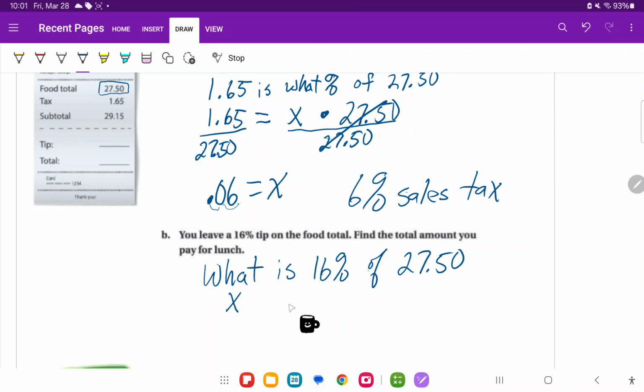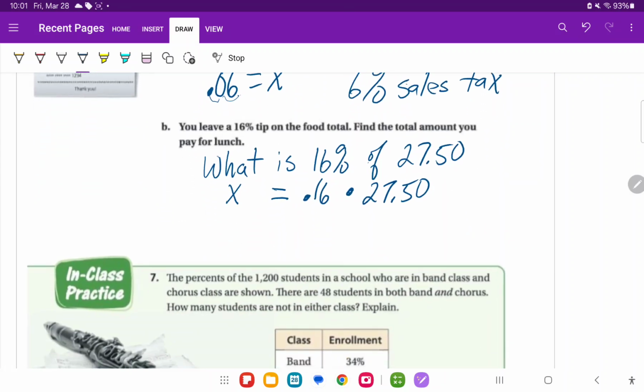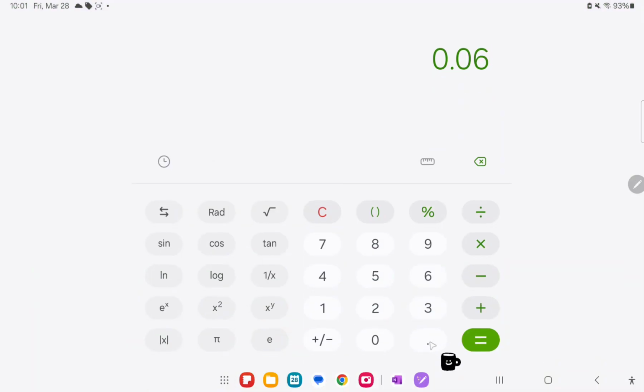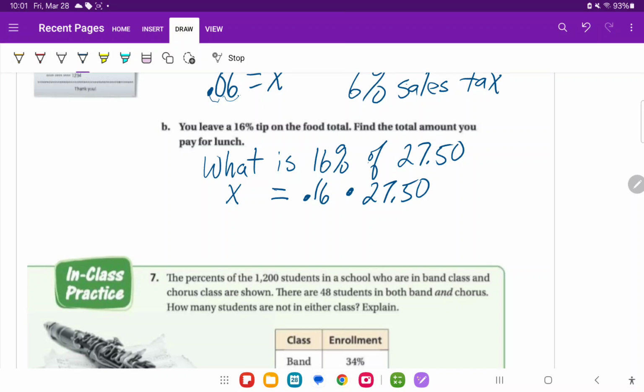So X is equal to 0.16 of 27.50, all right? So we're going to multiply that together. So we're going to go over here and go 0.16 times 27.50 is equal to 4.4.